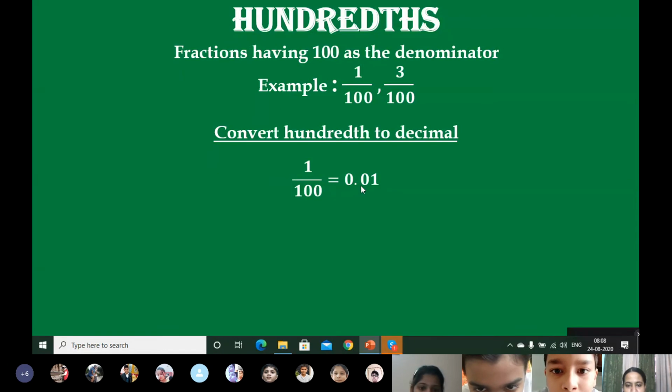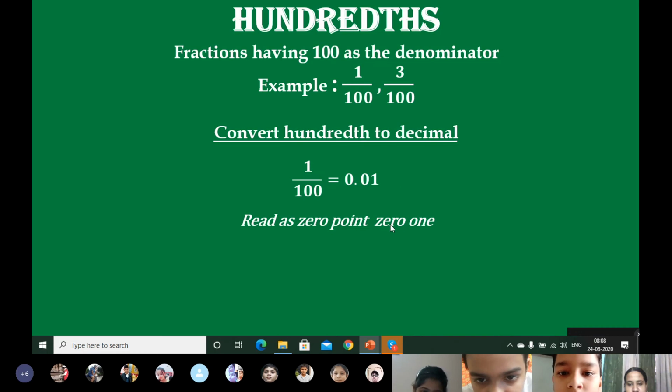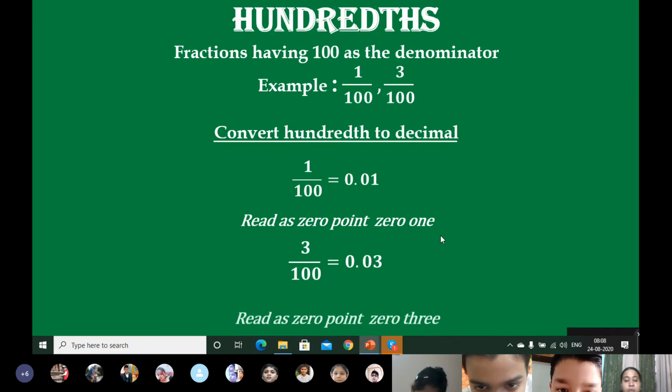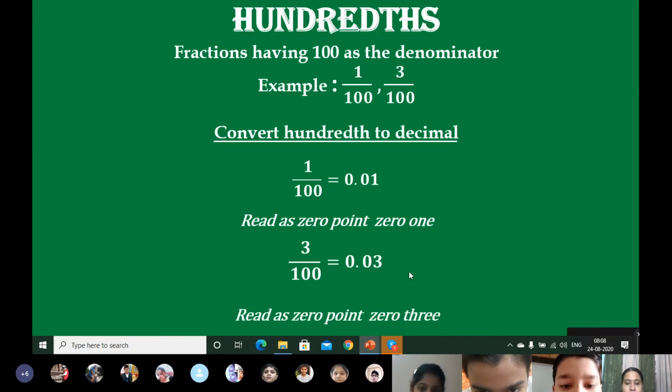Now we have shifted it by two positions, so it became 0.01, and we will read it as 0.01. Next one, 3 by 100, is equal to 0.03. Are you clear with this?